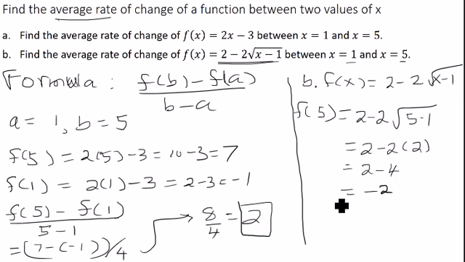Now let's find out the value at 1, which is going to be 2 minus 2 square root of 1 minus 1, and the quantity inside the radical is 0. That's why you have just 2.